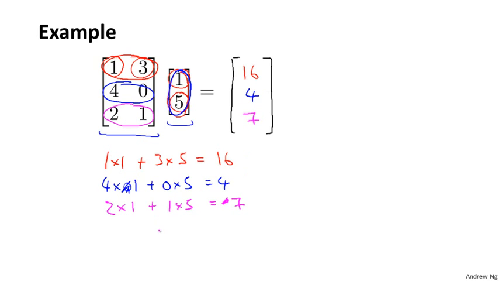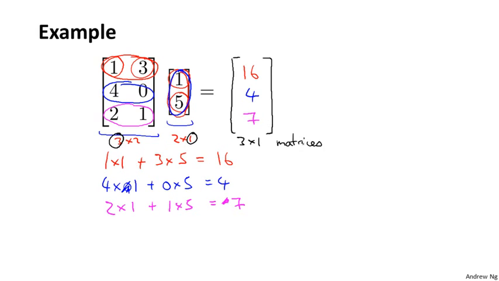It turns out that the result of multiplying a 3 by 2 matrix by a 2 by 1 matrix, which is also just a two-dimensional vector, is going to be a 3 by 1 matrix.